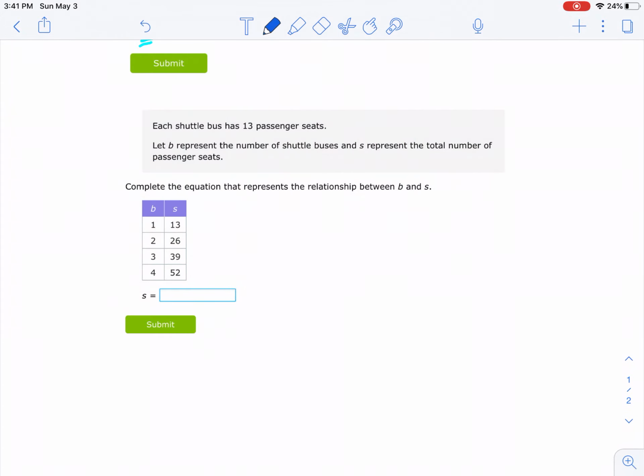So each shuttle bus has 13 passenger seats. I'm going to highlight that. Let B represent the number of shuttle buses. So B is buses. And S represent the total passenger seats. So I know that S is my total number of seats and B is the number of buses. So one bus has 13 seats.